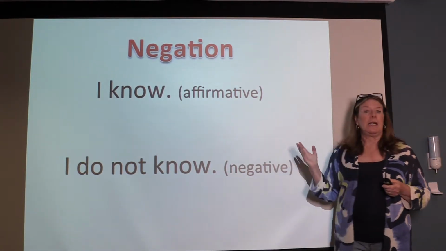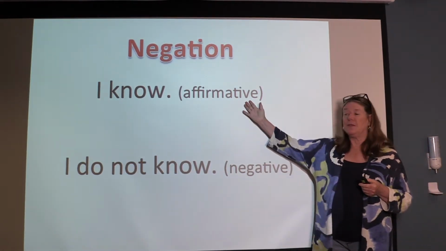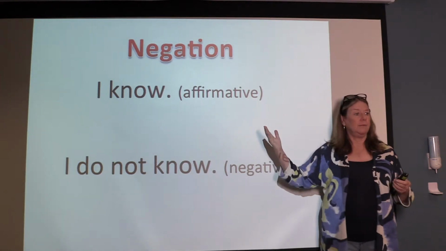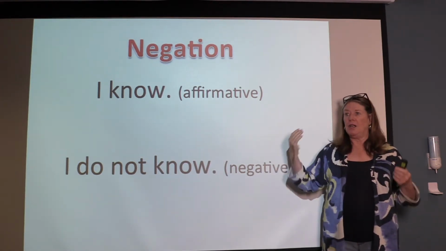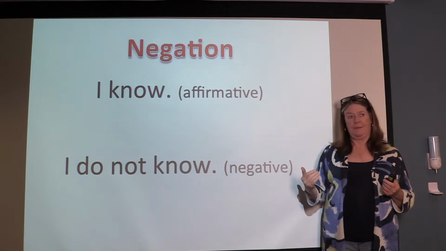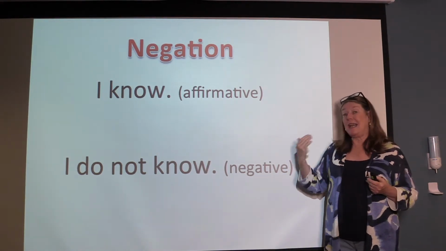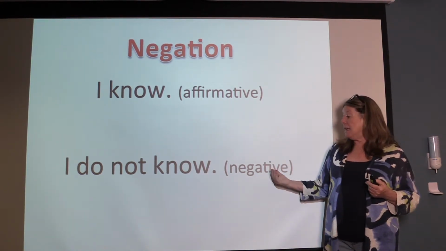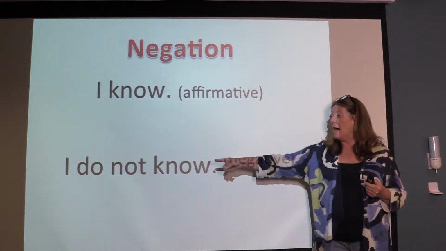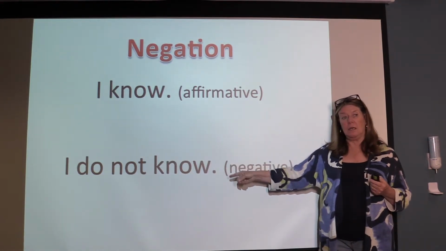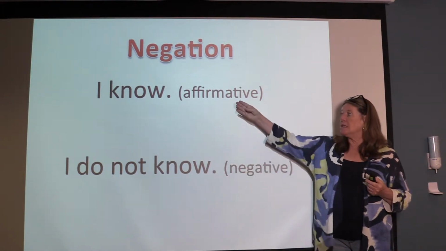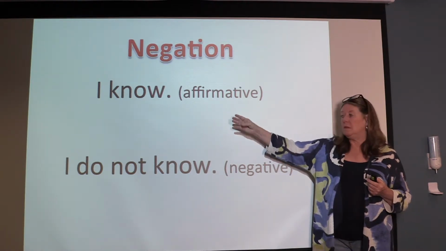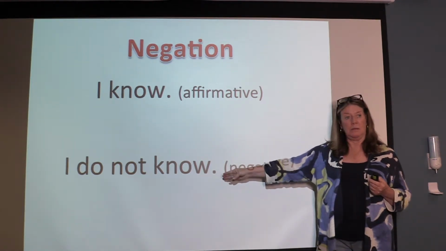So this is what negation is. You take an affirmative statement, I know. It's affirmative. If you want to negate that, in English, you would say, I do not know. And look at the difference between I know and I do not know.